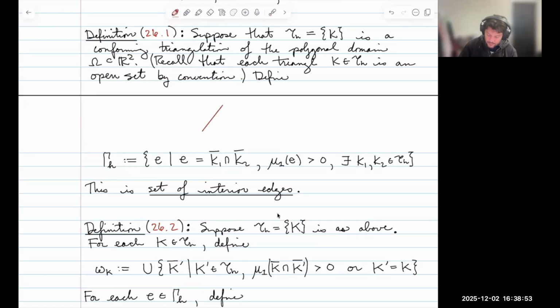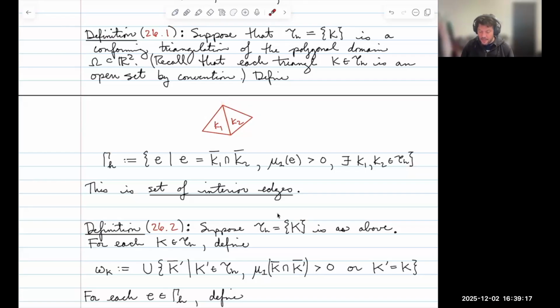I might have a triangle on one side and a triangle on another side, K1 and K2. If I take the closure of those and then take the intersection, that gives me an edge. So the edge is right here.